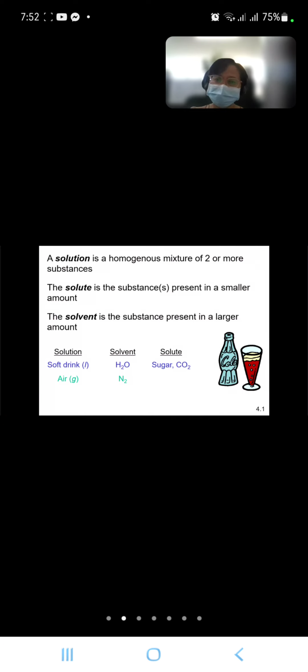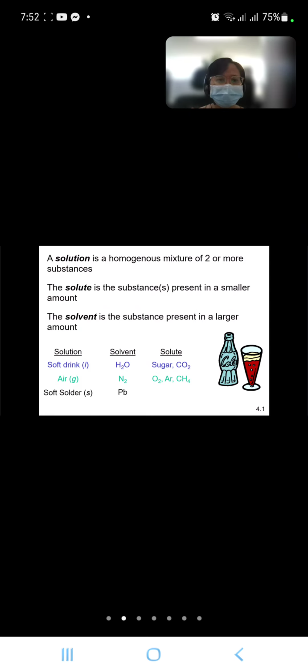Carbon dioxide is, if I'm not mistaken, 0.03%, and trace amounts of other gases. So since nitrogen is 78%, nitrogen is our solvent. And the other gases such as oxygen, argon, methane, carbon dioxide, water vapor, all of these are considered as solute.